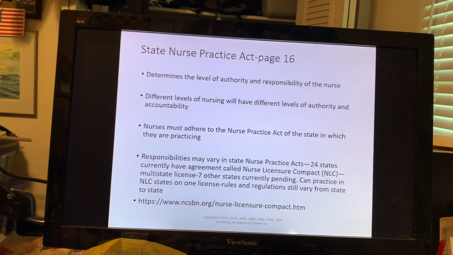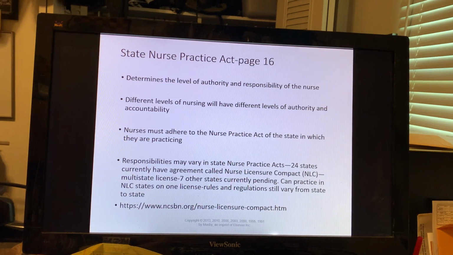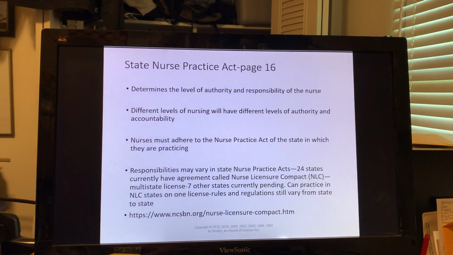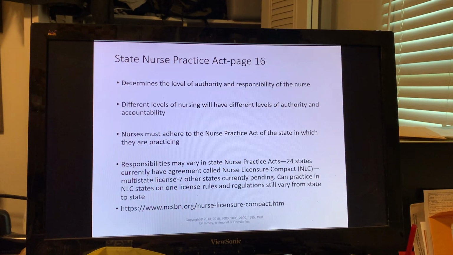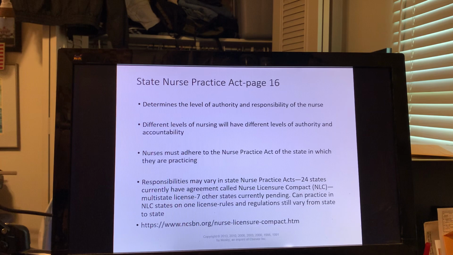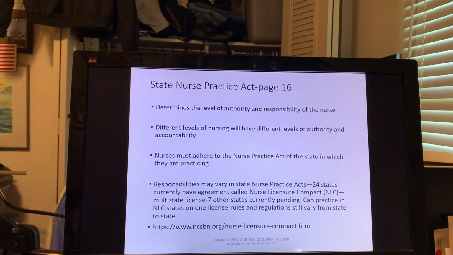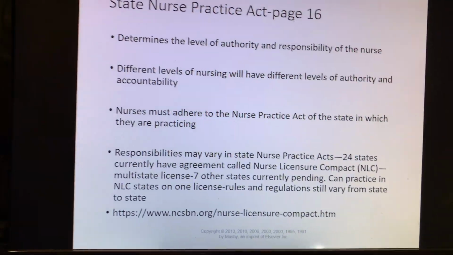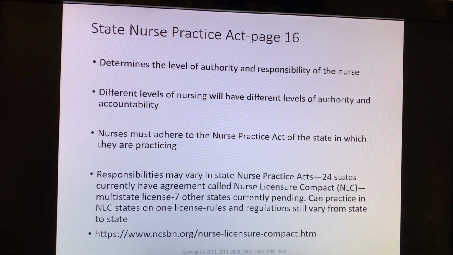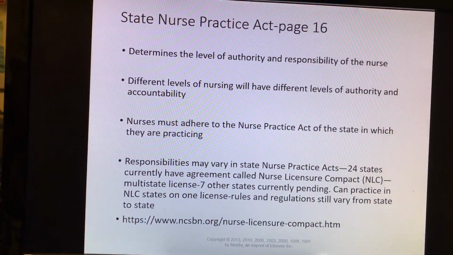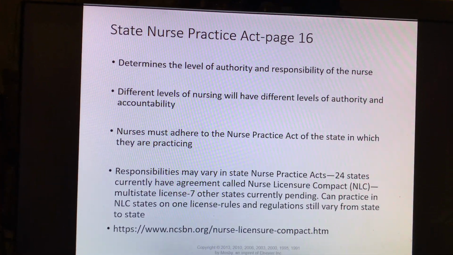I think Illinois is a compact state. So I could go with my Tennessee license, I could go work in Illinois, but I can't do the things that Tennessee says I can do. I have to follow what Illinois says I can do. So it's very important that you keep track of that. And you can look for information on the Nurse Licensure Compact in this link that I've given.